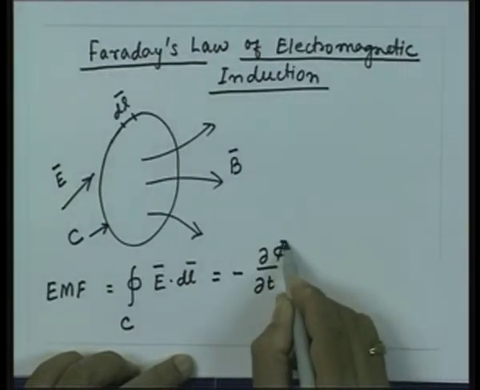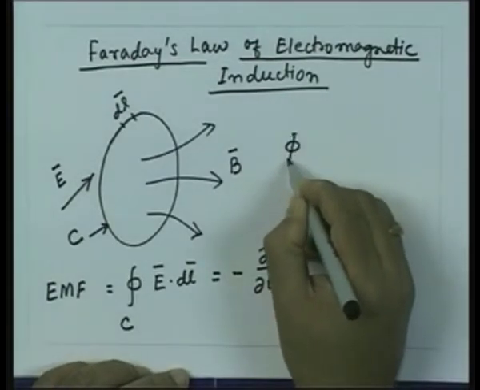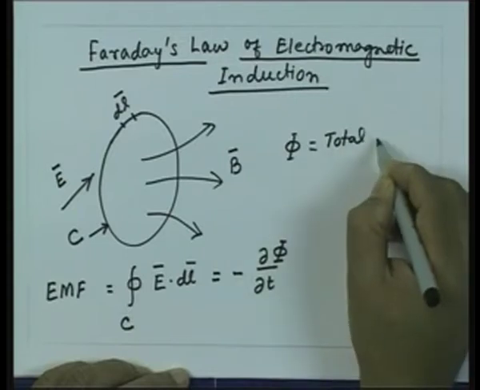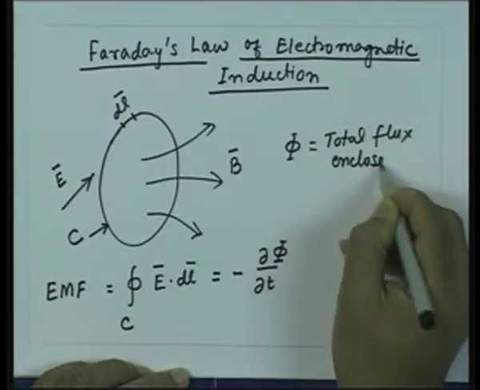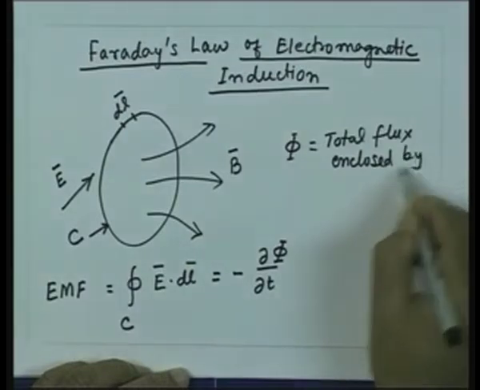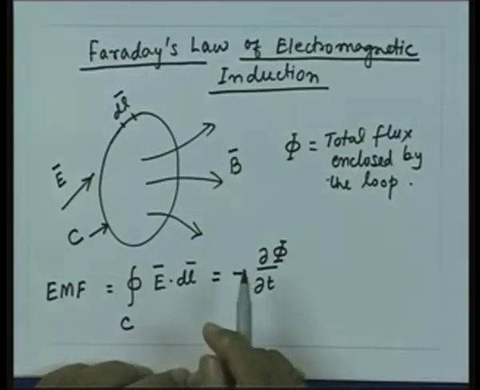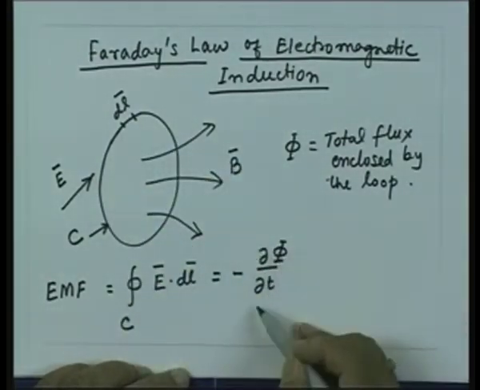Let us say that quantity is phi. So, phi is the total flux enclosed by the loop. So, if I know the total flux enclosed by this loop, I take its time derivative.